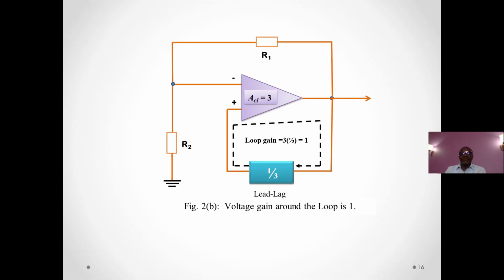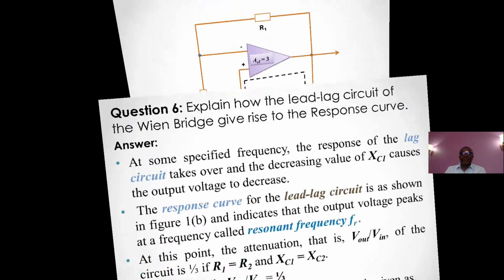That is what we illustrated. Loop gain equals 3. If you multiply it with the attenuation, which is 1/3, it gives you an output.